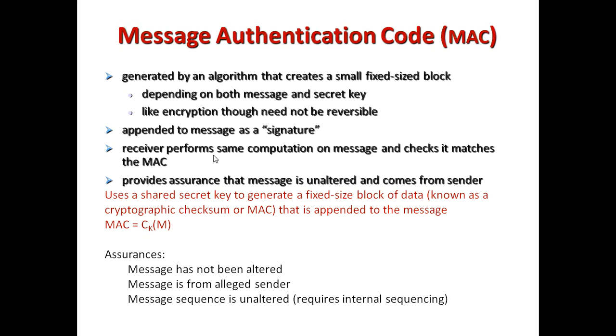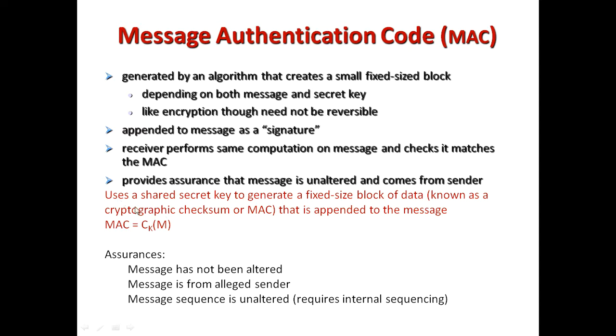If there is a difference, there is a problem in the message. It provides the assurance that the message is unaltered and comes from the sender. So always make sure that messages come from the allied parties and without alteration. If the MAC codes are equal, then you can definitely assure that the message is the correct one.